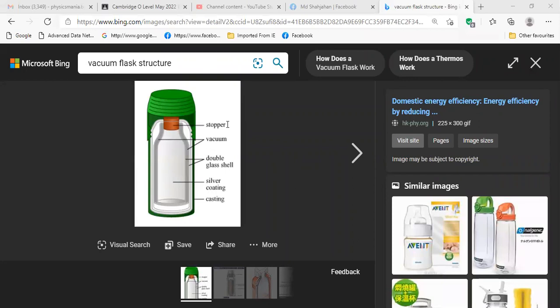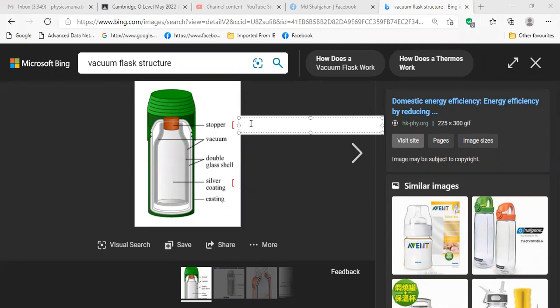Did you write this about the stopper? Yes, sir. And vacuum? You wrote that also. Silver coating, maybe you couldn't write. The stopper is reducing the conduction and convection process.